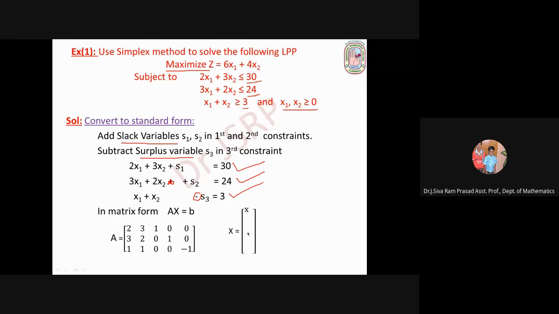The variable vector X equals x1, x2, s1, s2, s3. Then the right side vector b equals 30, 24, 3. So this is in matrix form.